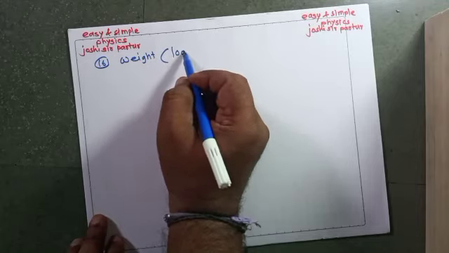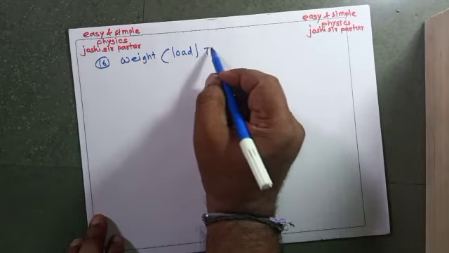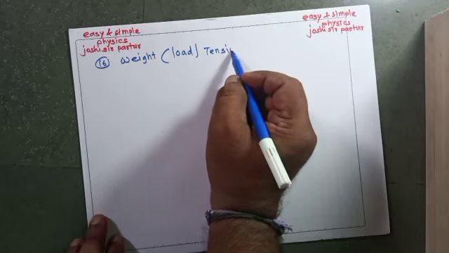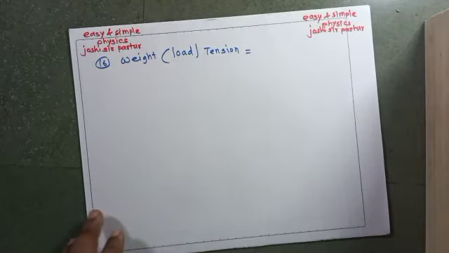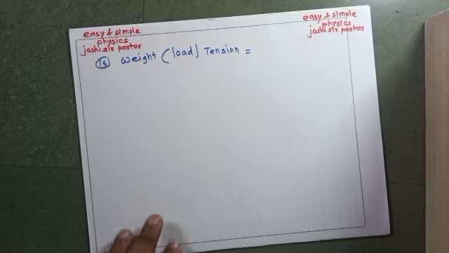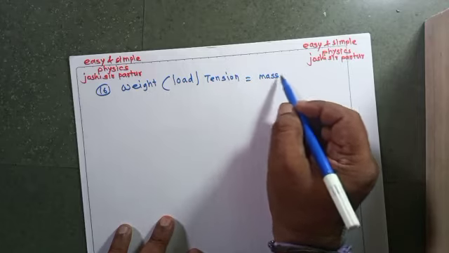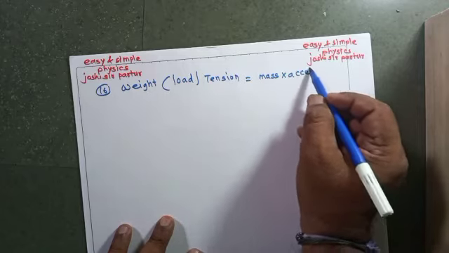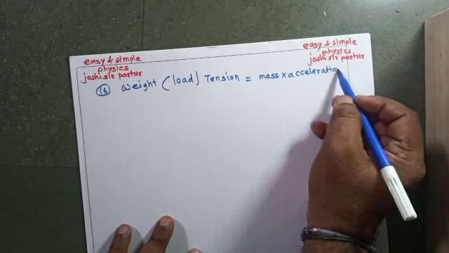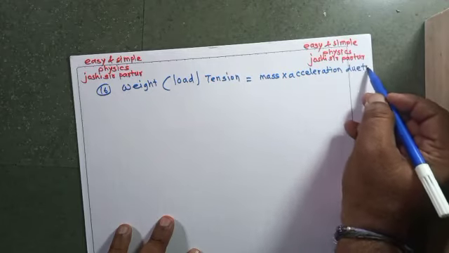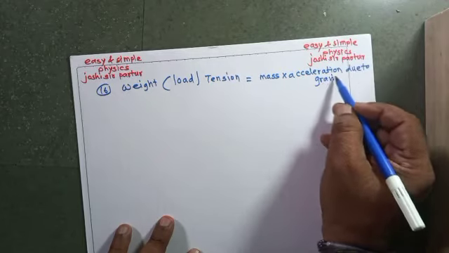Sometimes it is termed as tension, meaning weight, load or tension. It is the product of mass and acceleration due to gravity.